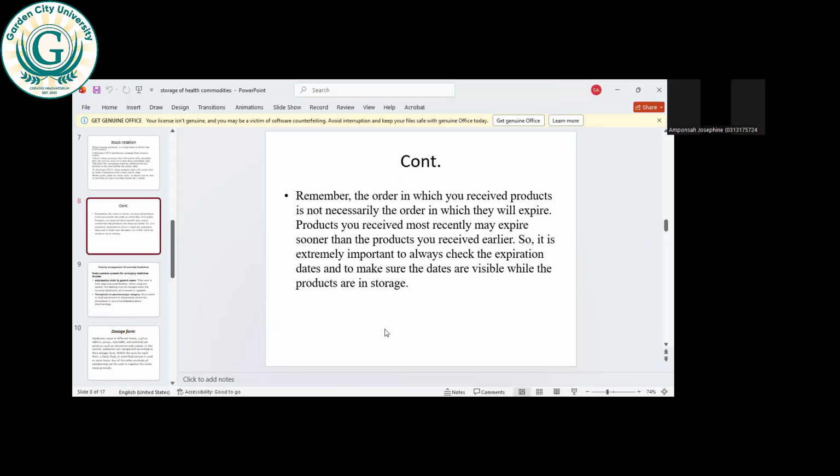A product that you receive today may have a longer shelf life than product that you may receive within a month. So you need to look at all these, and based on that, you manage your stock efficiently.